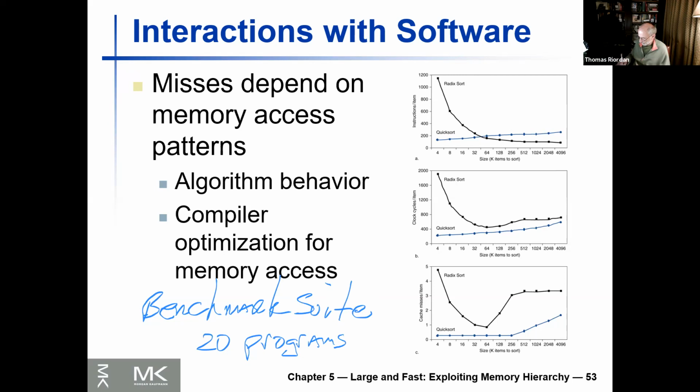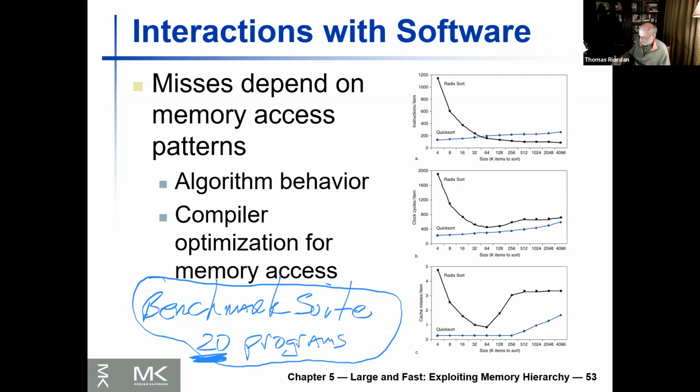So we design our processor so that it works the best on all 20 of these programs. We can't just design it for one. You've got to run all 20 of them and see what design gives you the best result on average over all of them.